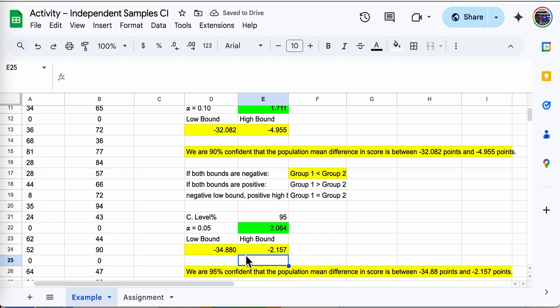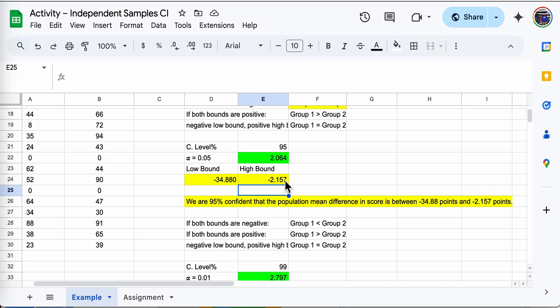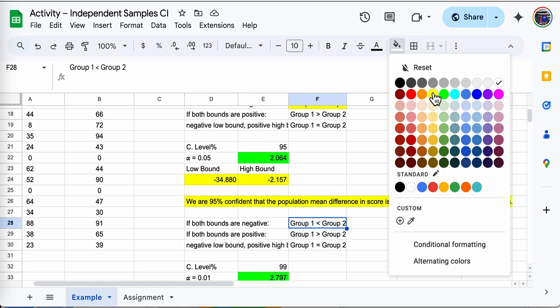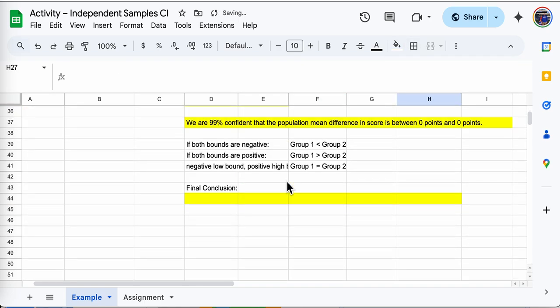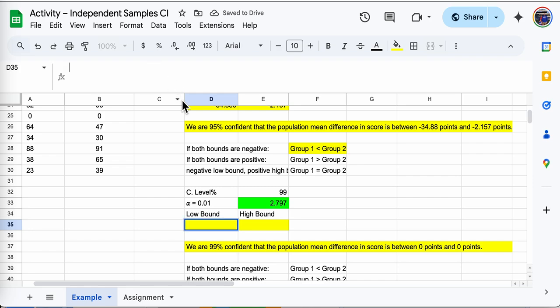So now, oh, well, actually not now. It's the same conclusion, right? The first group is going to be less than the second group because both of the bounds are negative. So let's try that over here with the 0.01. So we want it to point now to E33.